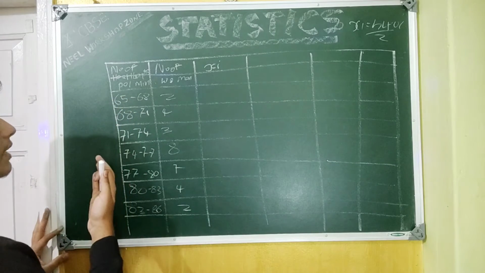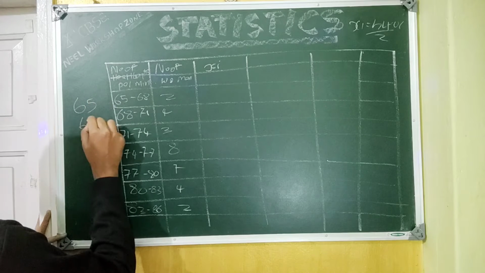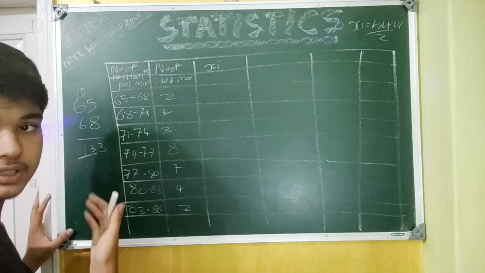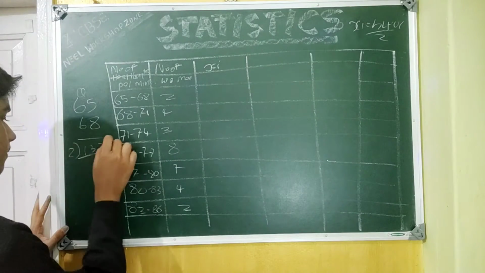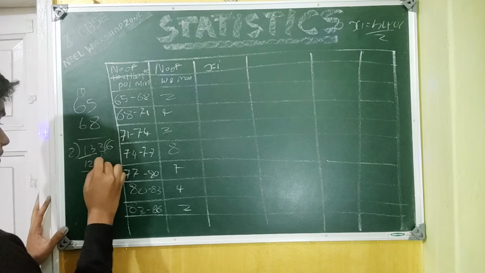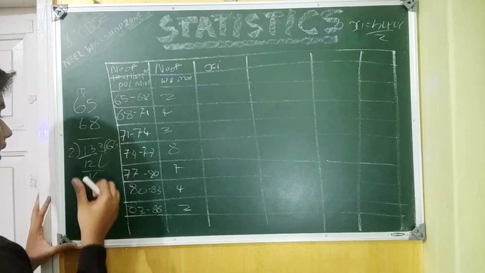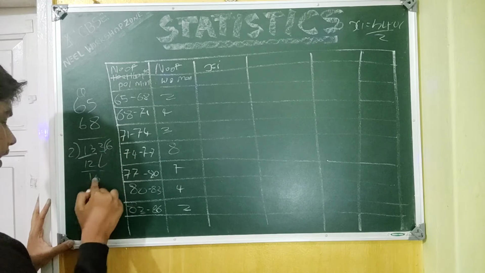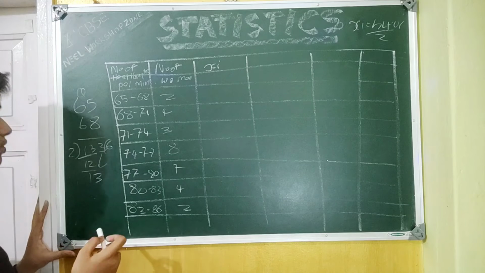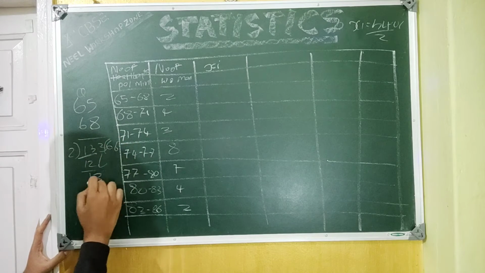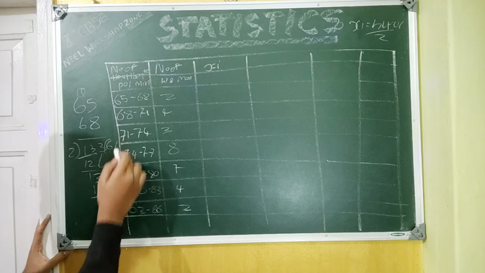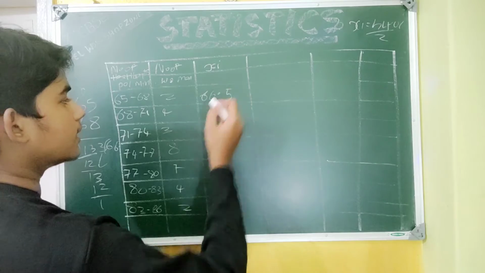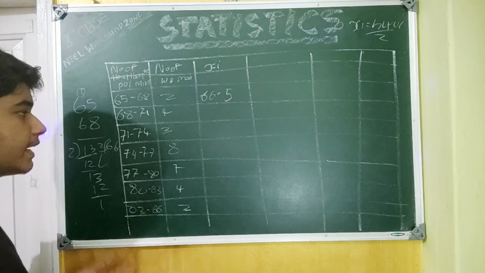For example, here we have 65 plus 68, which is 133. Now dividing 133 by 2, you get 66.5.